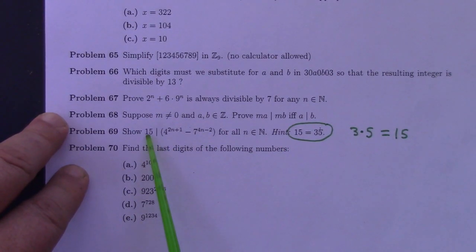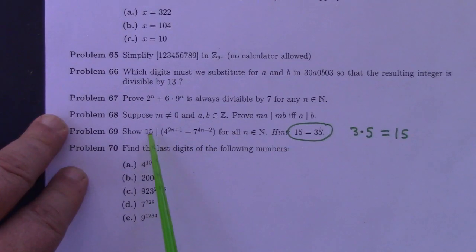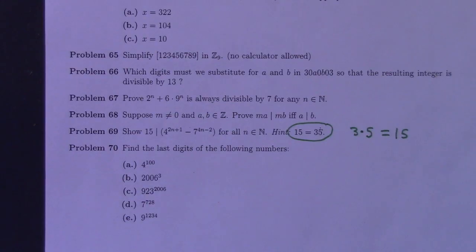Checking divisibility with respect to 3 and 5 is easily accomplished if you calculate how to simplify this quantity mod 3 and then also mod 5. One of those is pretty easy. The other one requires a little bit of calculation.